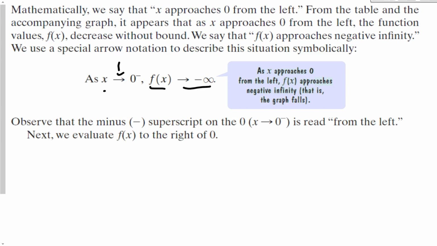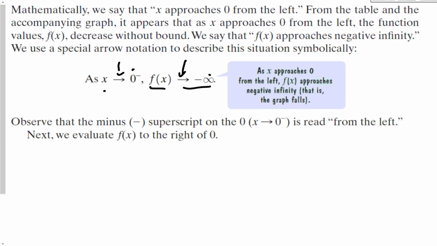So these arrows mean approach, right? They tell you where you're going. So observe that the minus superscript on the 0 is read from the left, not 0 negative power. Okay, we read it as x approaches 0 from the left. Okay.